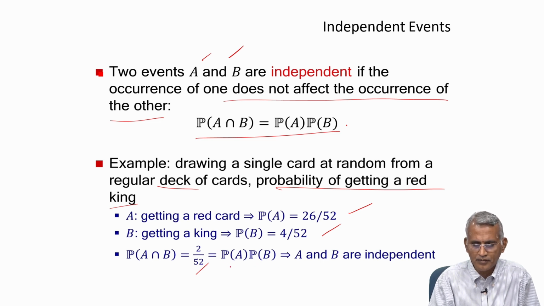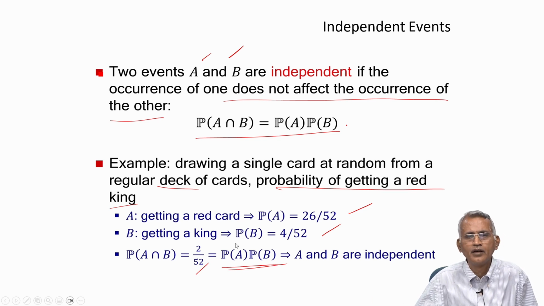So, this way we can find the probability of A intersection B based on independent events.